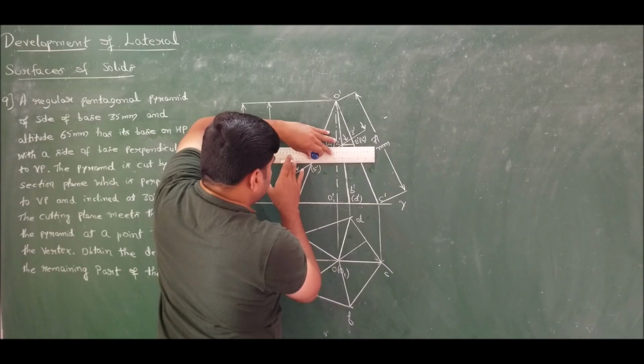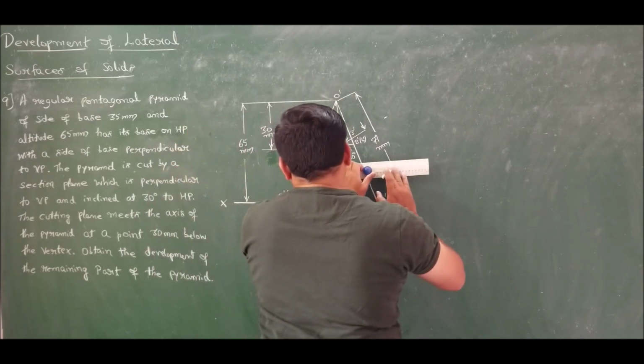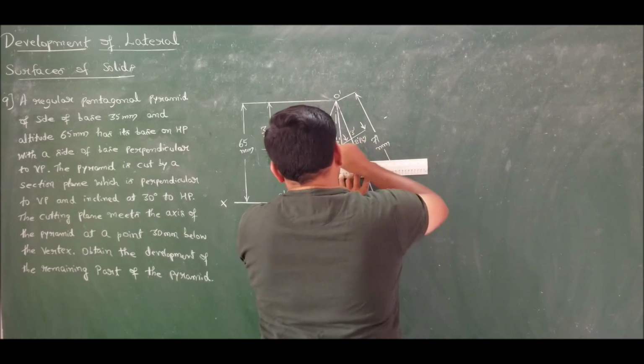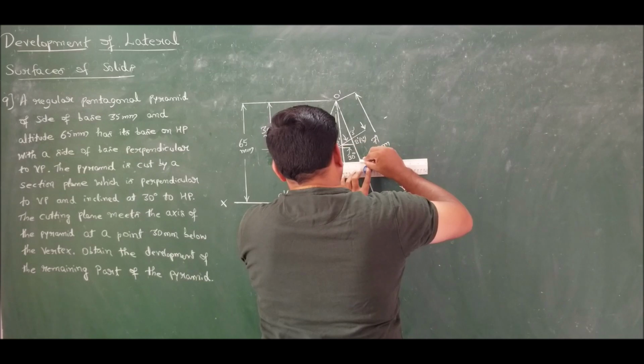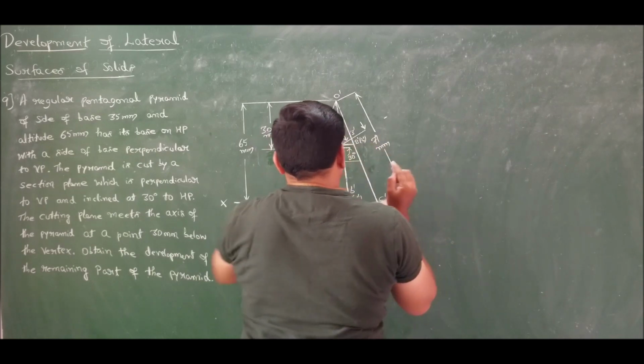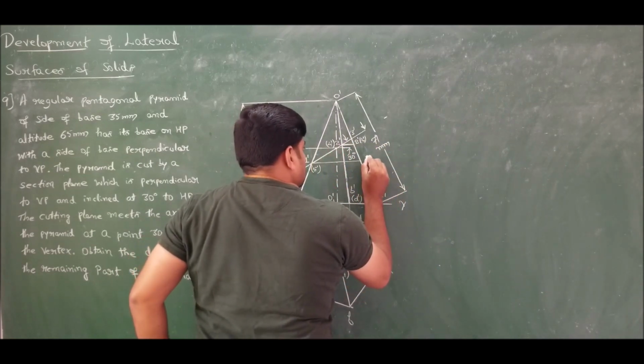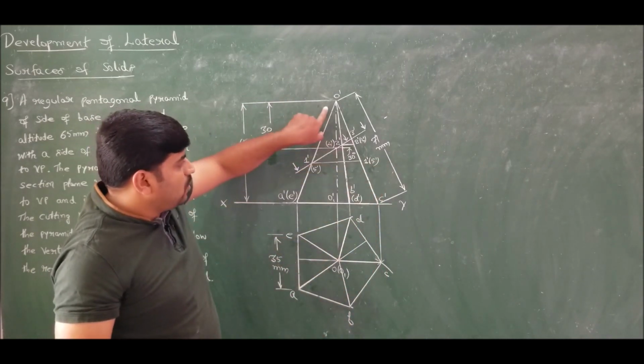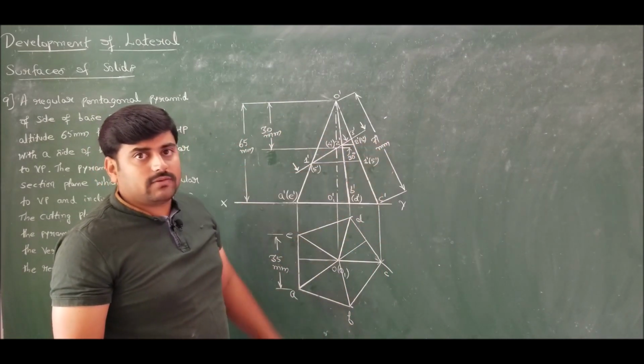So transfer 1 dash 5 dash to the true slant edge. This is 1 dash 5 dash. Now just by using O dash C dash complete the entire development.